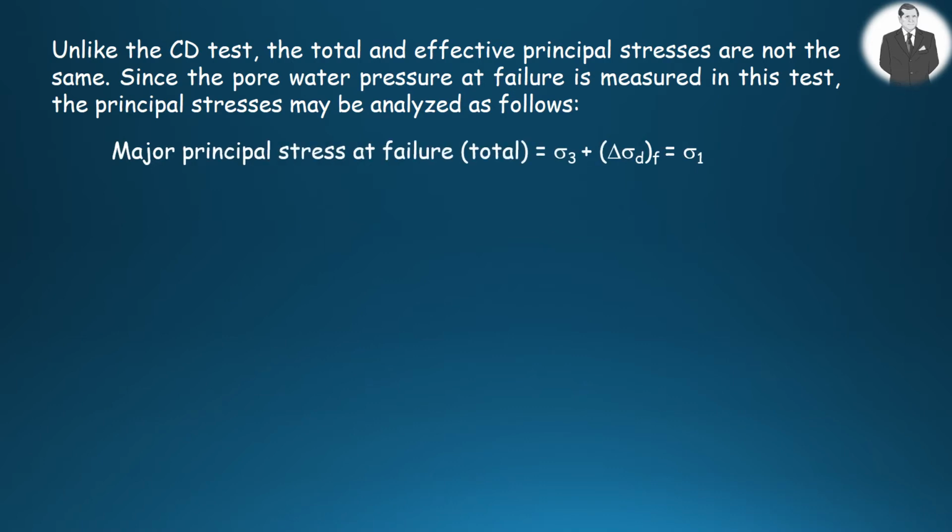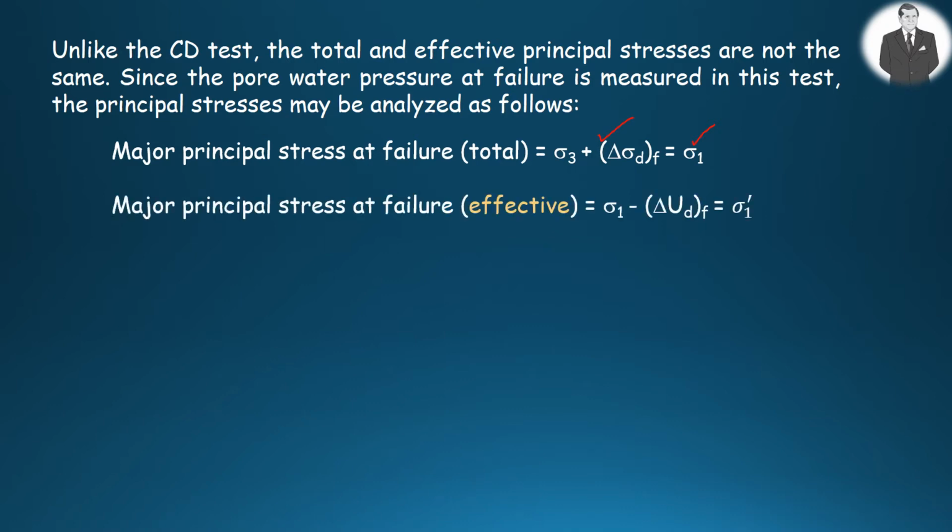The total major principal stress at failure is equal to sigma sub 1, which is equal to the expression given here. And the effective major principal stress at failure is equal to sigma sub 1 prime, which is equal to the expression given here. The total minor principal stress at failure is equal to sigma sub 3.